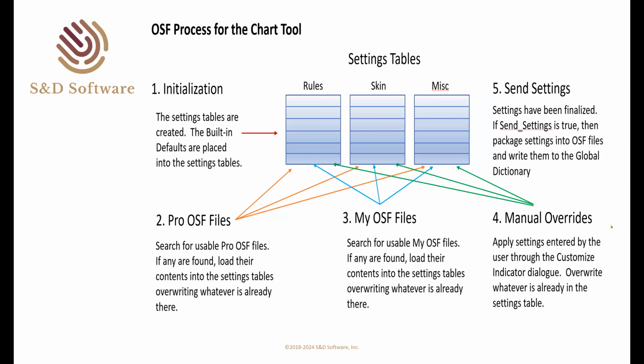So after that first window completes his OSF process and has finalized the settings that he's going to use for the chart he's working on, he can then send those finalized settings to the other windows. And we'll talk again a bit more about that in a few minutes.